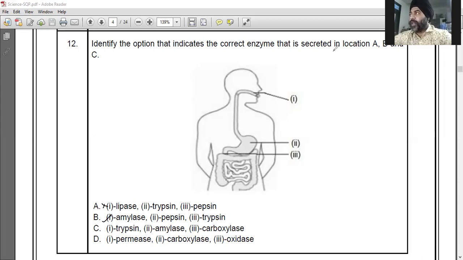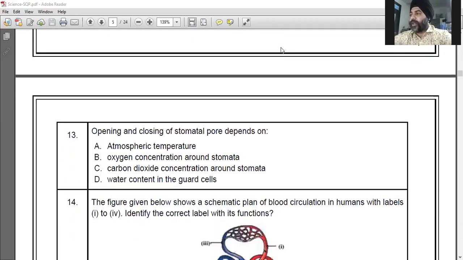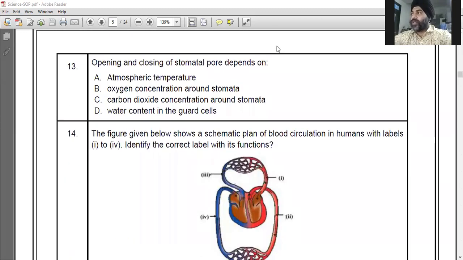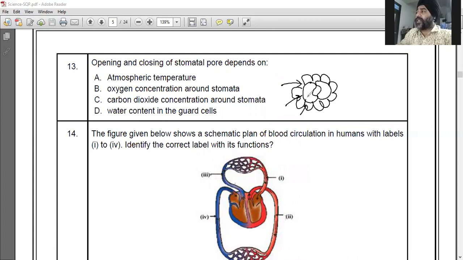Now we are coming to the next question. Now the next question is, opening and closing of stomatal pore depends on. All of you know that stomata are enclosed by guard cells. Whenever water enters the guard cells from the surrounding, the guard cells will swell and the stomata will open.